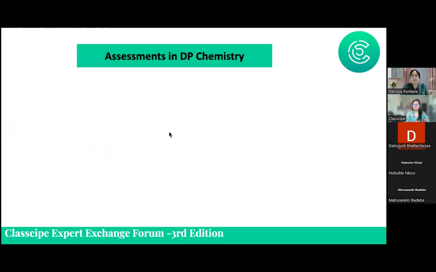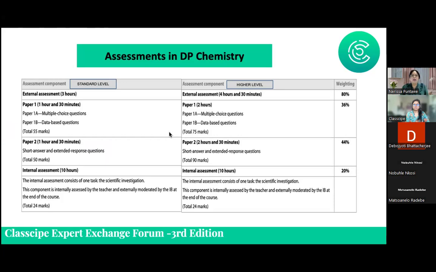So you can see here, of course, we have the standard level and higher level. And you can see, I summarized here the external assessment and the internal assessment. So there are two.